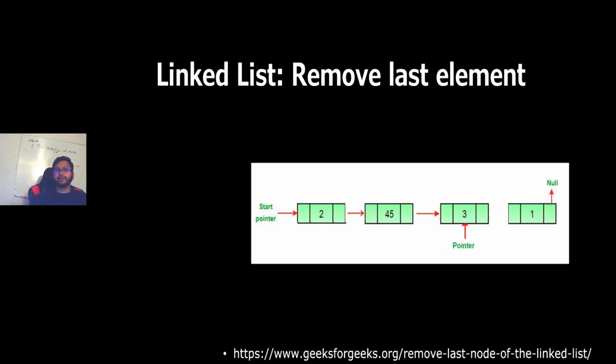What will happen is this last node, which is shown here as 1, will become an orphan node, which means nothing is pointing to it and it is not pointing to anything. It is just there. Garbage collection is a really cool thing where it will identify this orphan node and get rid of it.